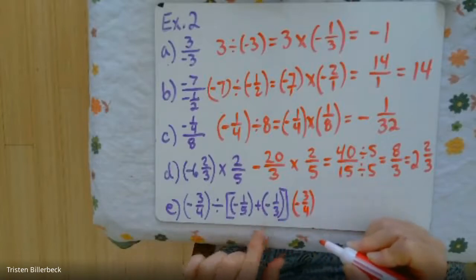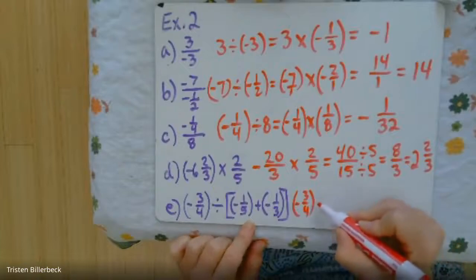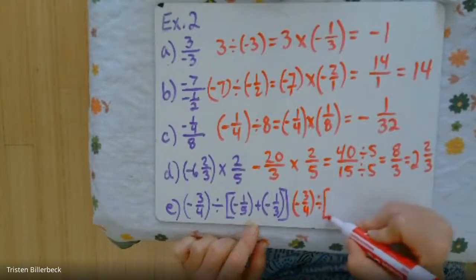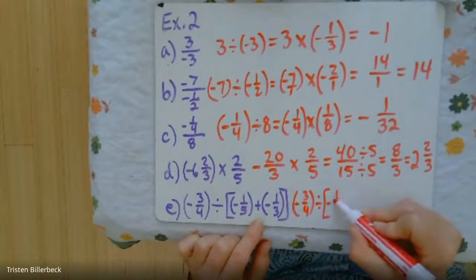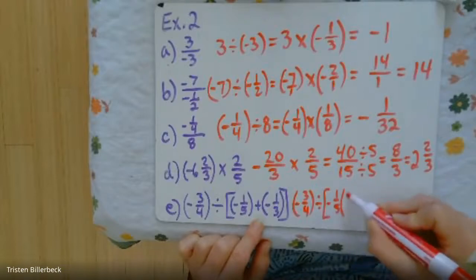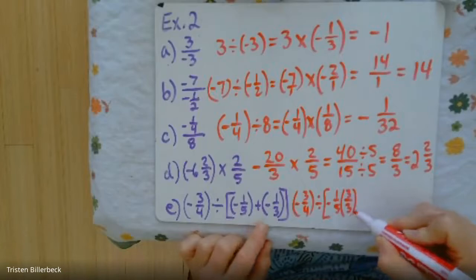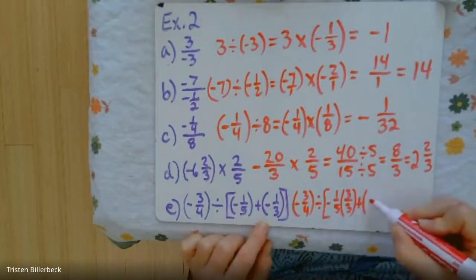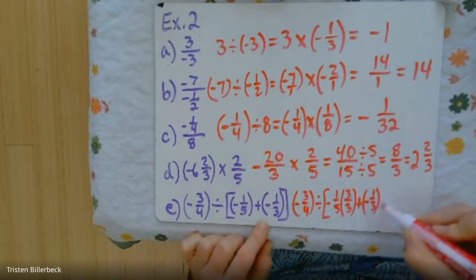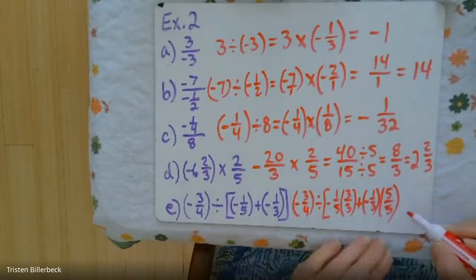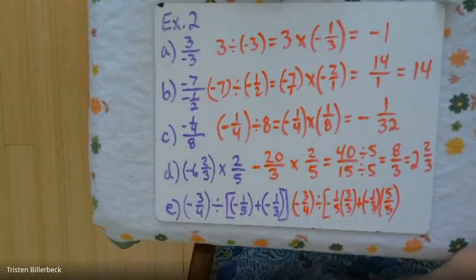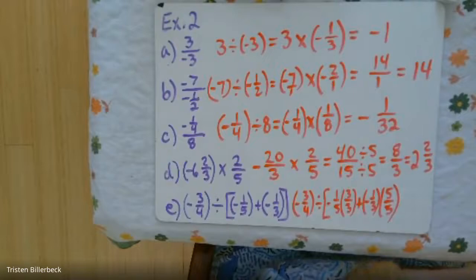And this last one, we have negative 3/4. We're going to divide by this. Okay, so we have to first figure out what this is. So we have negative 1/5, and we multiply by 3 over 3, plus negative 1/3, and multiply by 5 over 5. Let me get a little more room here.